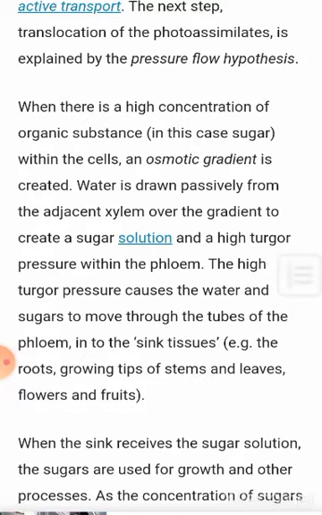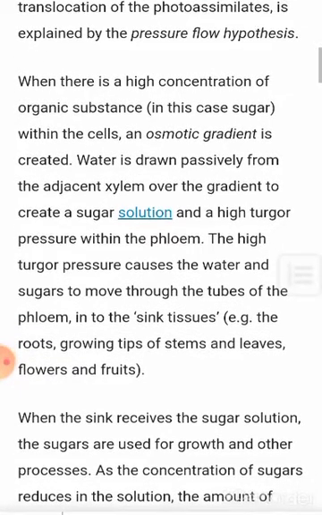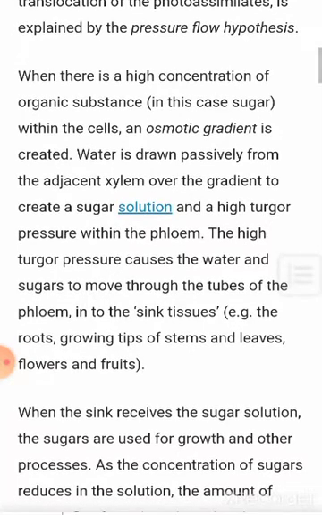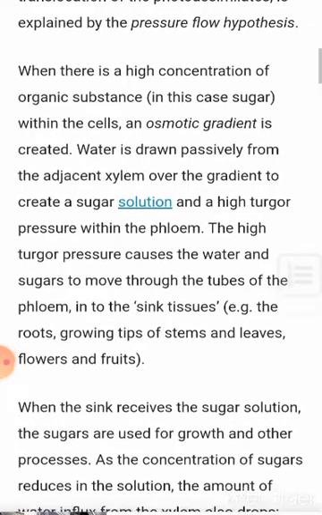Water is drawn passively from the adjacent xylem over the gradient to create a sugar solution and a high turgor pressure within the phloem. The high turgor pressure causes the water and sugars to move through the tubes of the phloem into the sink tissues.